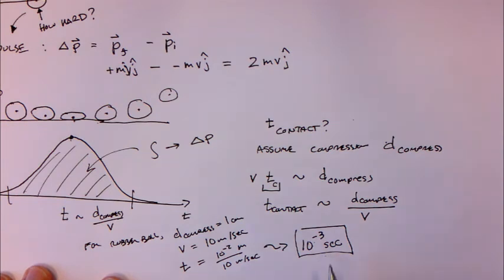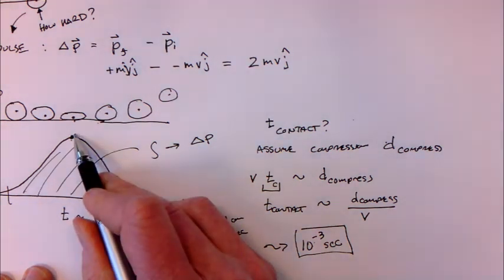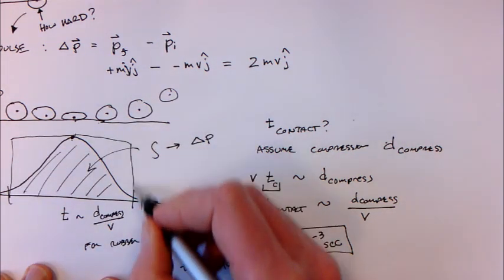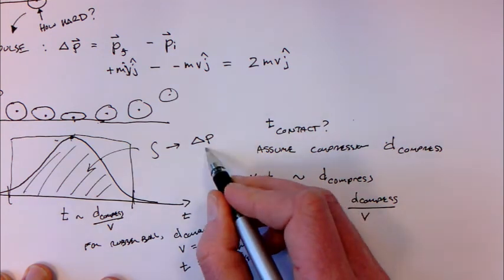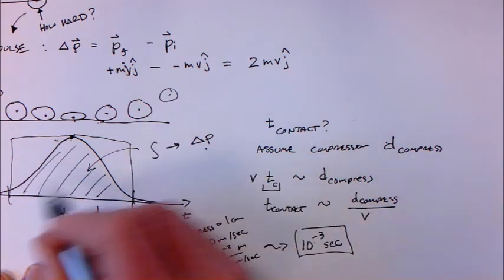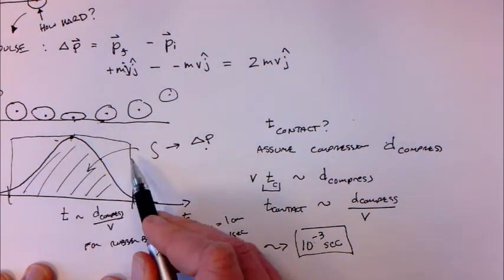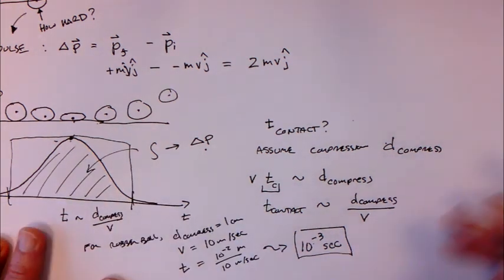But now that we know what the time scale is, we could estimate about how high this force is. One estimate would just be to say that the time scale times that force is going to give me about the change of momentum. I can also say that maybe half of that time scale times the force will give me the impulse. In any case, I can certainly make a guess.